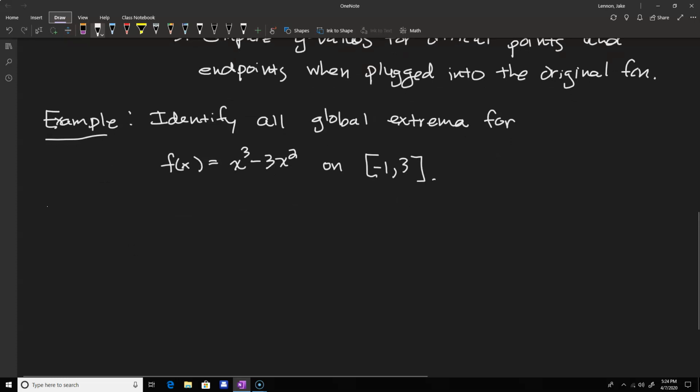Taking the derivative is easy. We just apply the power rule here. So f prime of x is 3x squared minus 6x.